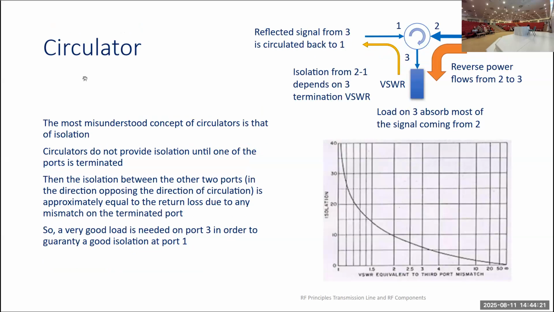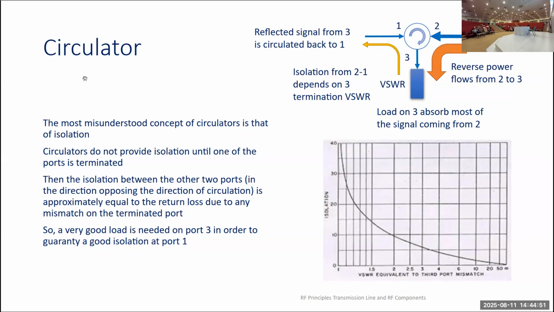So this circulator isolates your source, and it also isolates other accelerating structures if you're feeding more than one structure. And to increase the isolation at port 3, we have a waveguide which absorbs all the power.